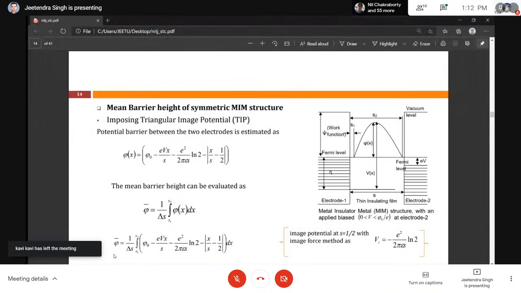So our mean barrier becomes 1 by delta S, meaning S2 minus S1, times the integral from S1 to S2. To realize the mean barrier height, we just have to calculate the limits, the value of S1 as well as the value of S2. If we have the values of S1 and S2, we can easily integrate these relations and come to our results.